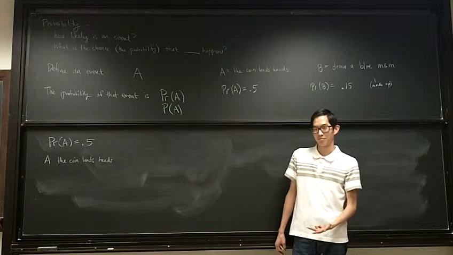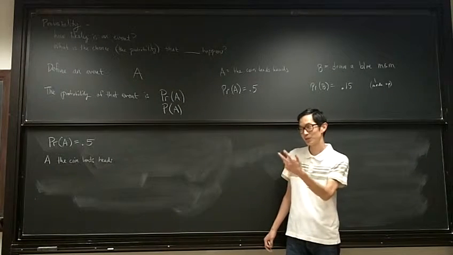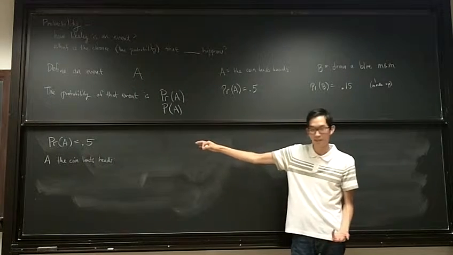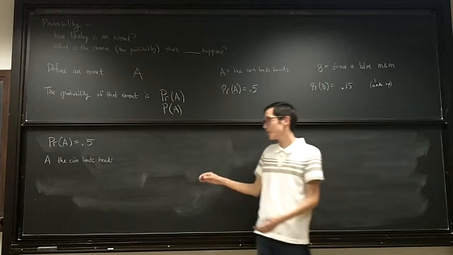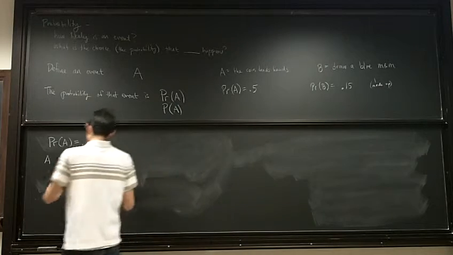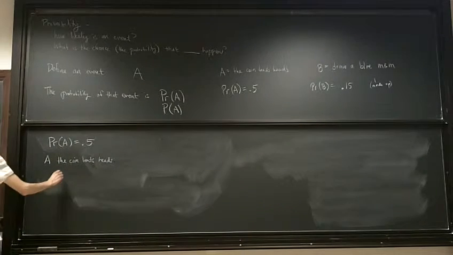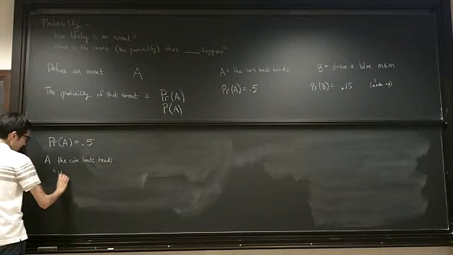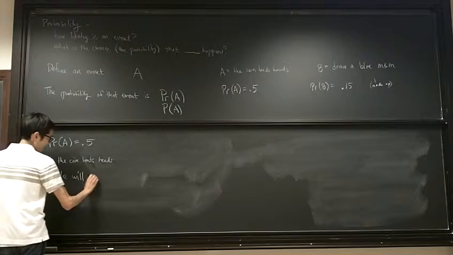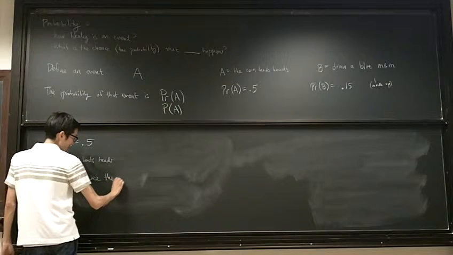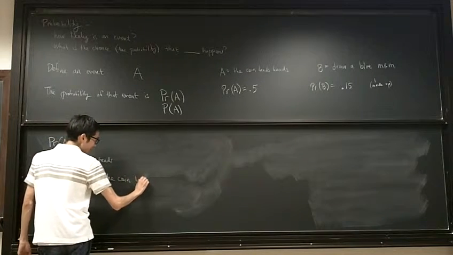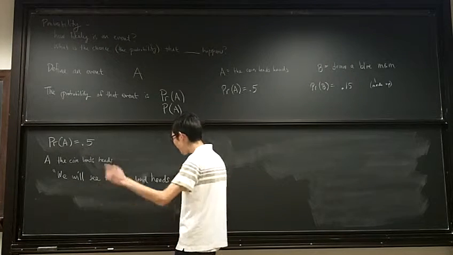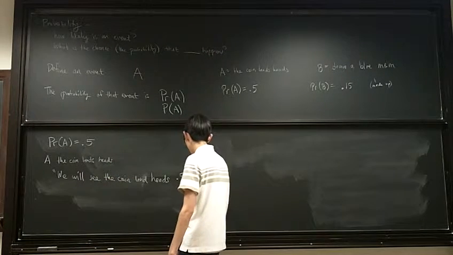So, of those, only one of the outcomes is half the time it landed heads, right? So colloquially, or casually, we might say we will see the coin land heads, and you said half, but I'm going to just write 0.5 of the time.